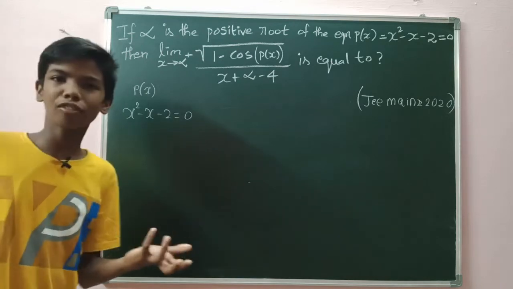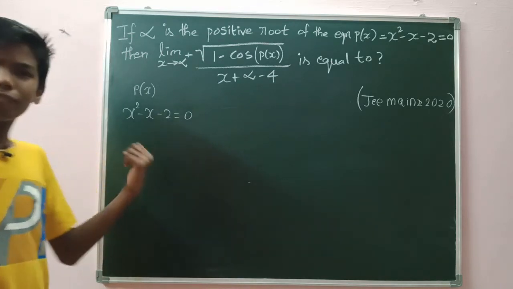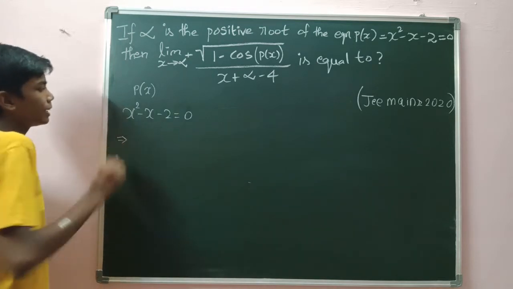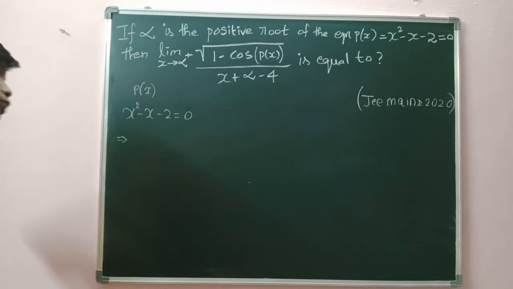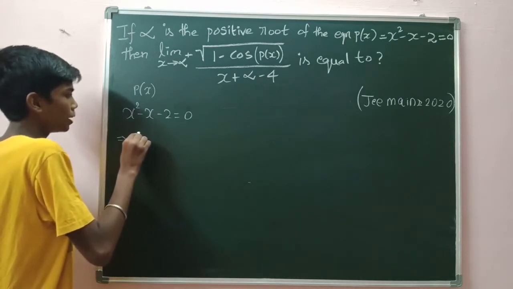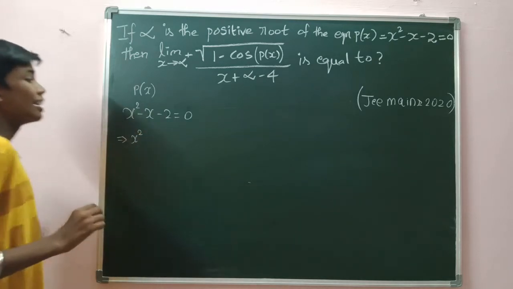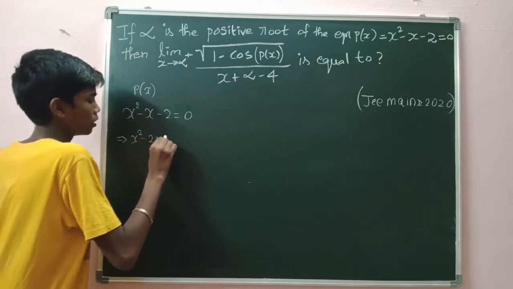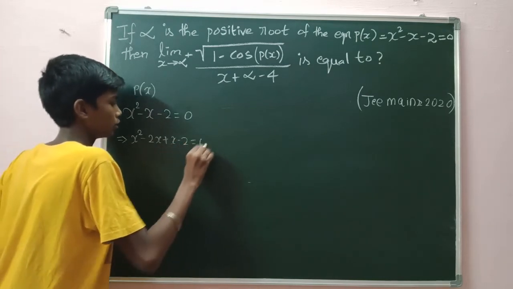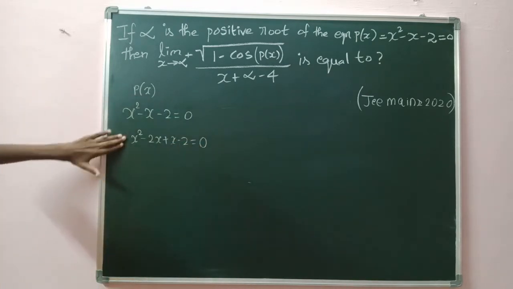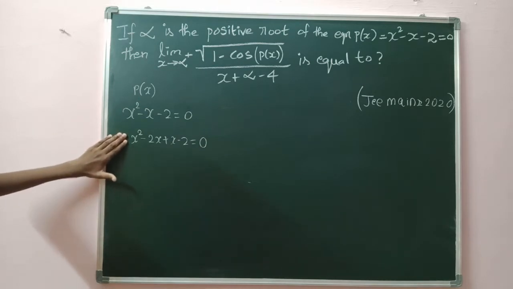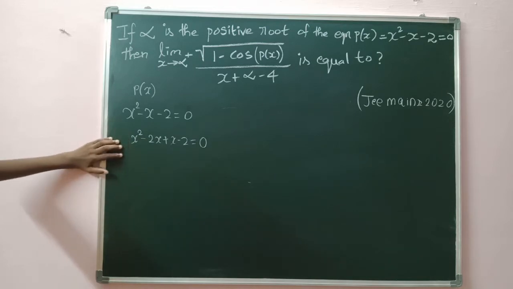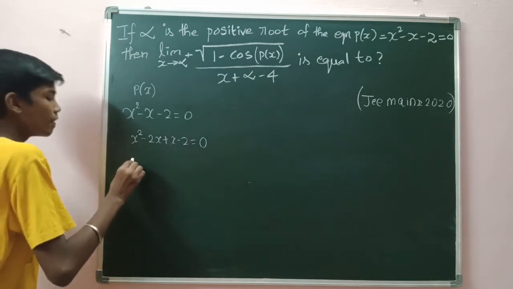Instead of using the quadratic formula in this type of equation, it's better to use factorization, that is splitting the middle term. x² times −2 is −2x², so I can split it as −2x + x, because −2x times x is −2x².